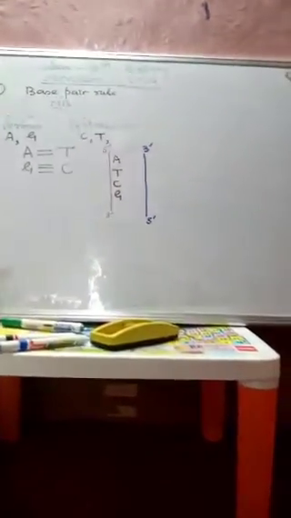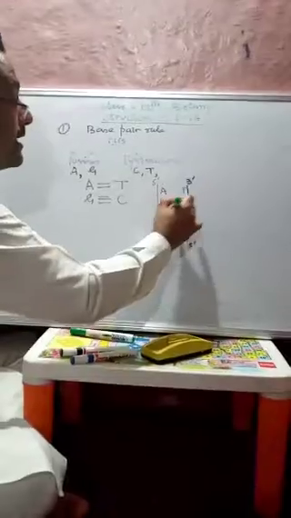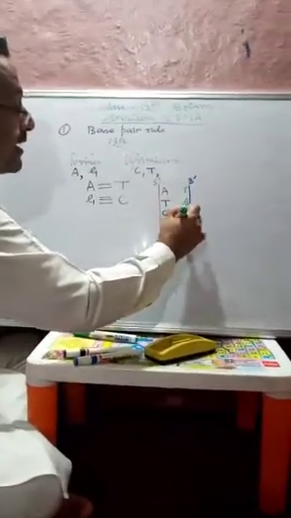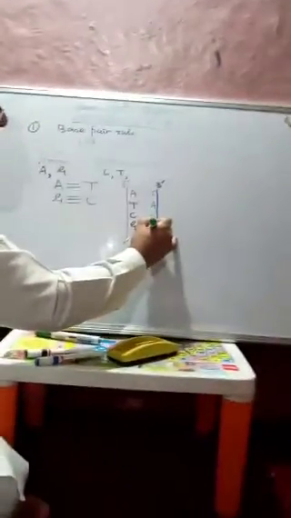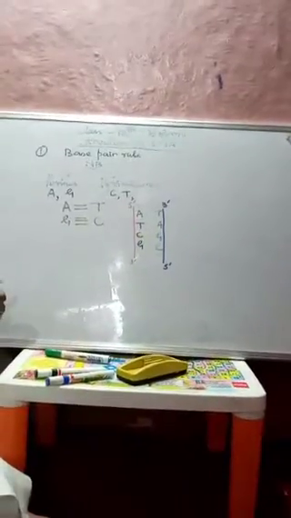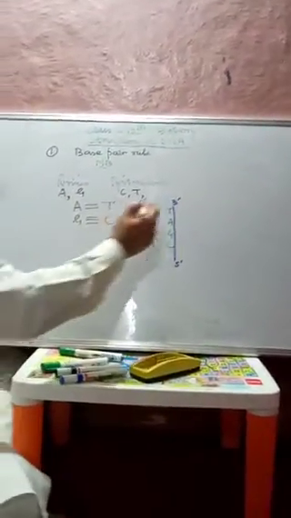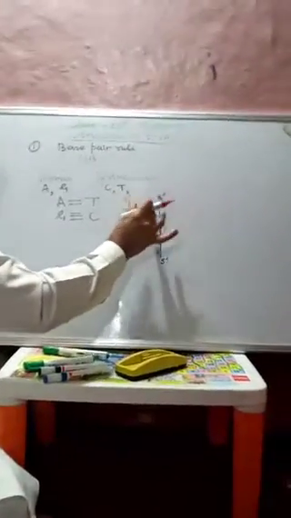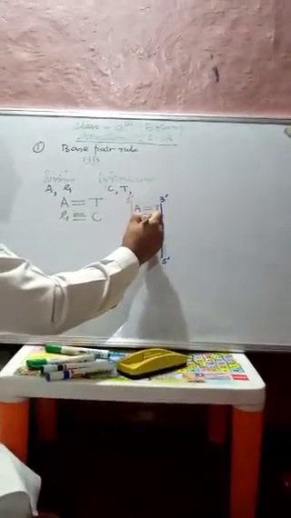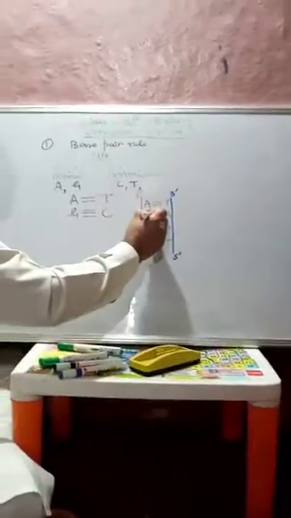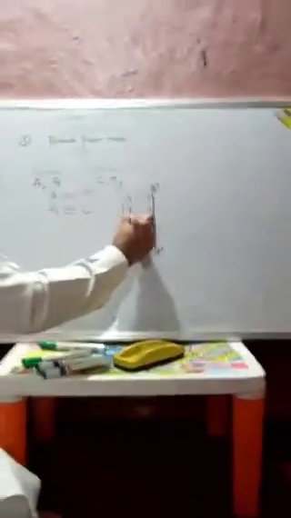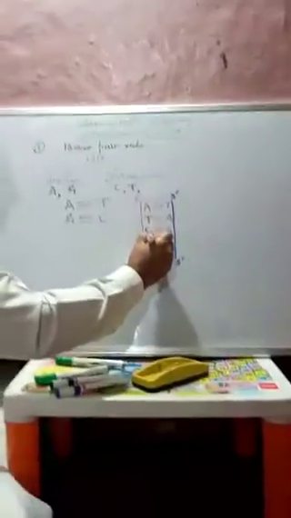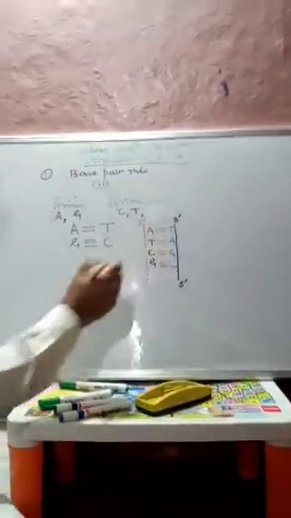Adenine pairs with thymine, thymine pairs with adenine, cytosine pairs with guanine, guanine pairs with cytosine. Between adenine and thymine there are two hydrogen bonds, and between G and C there are three weak hydrogen bonds.